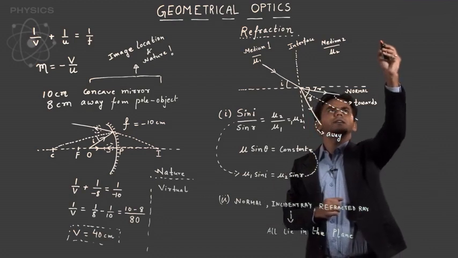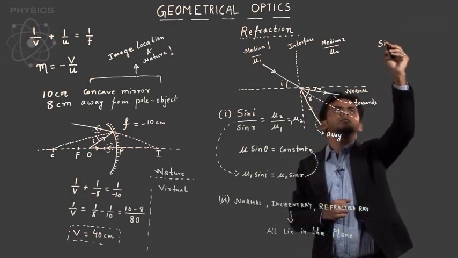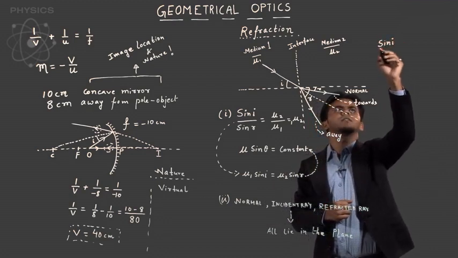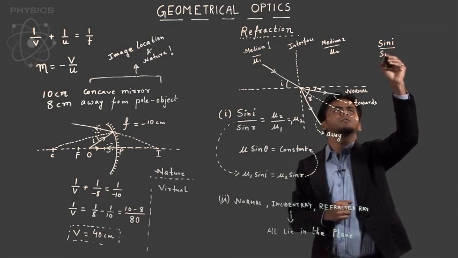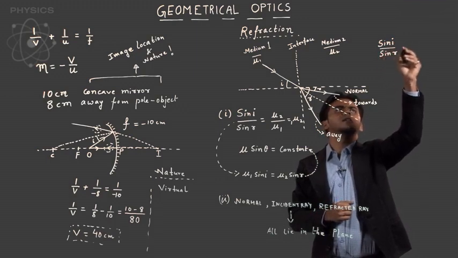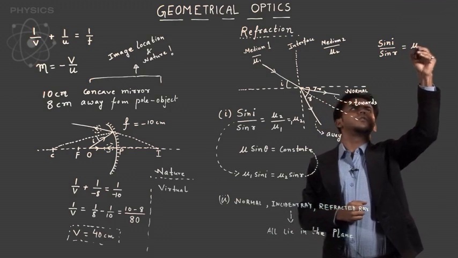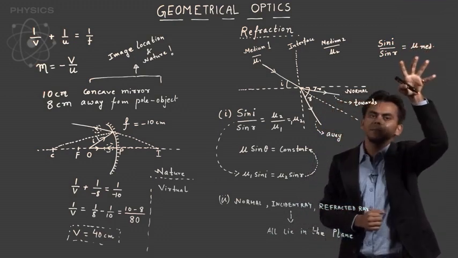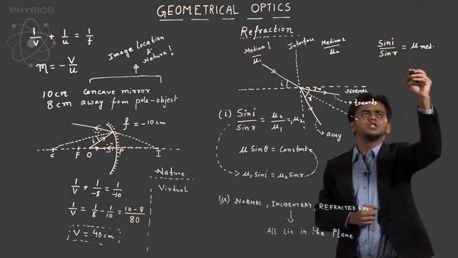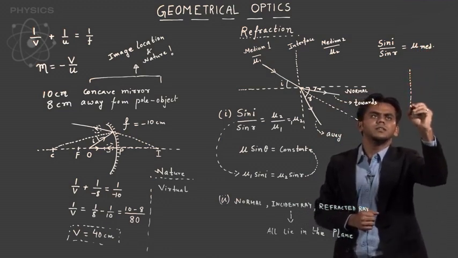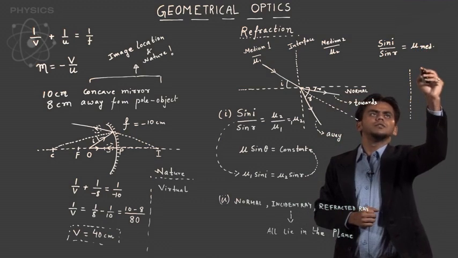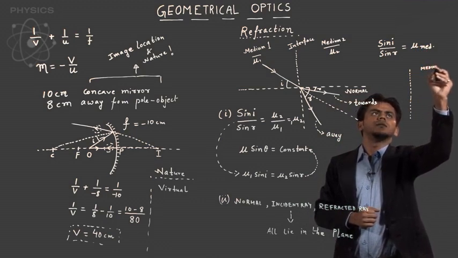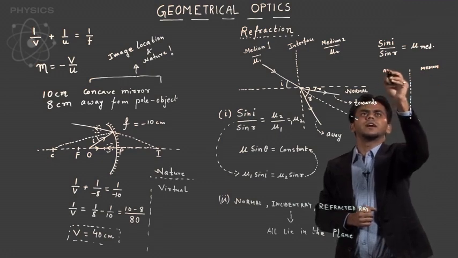And we can write a modified version: sin I upon sin r is equal to mu of the medium. This happens when at the interface, this is your medium and this is your air or vacuum.